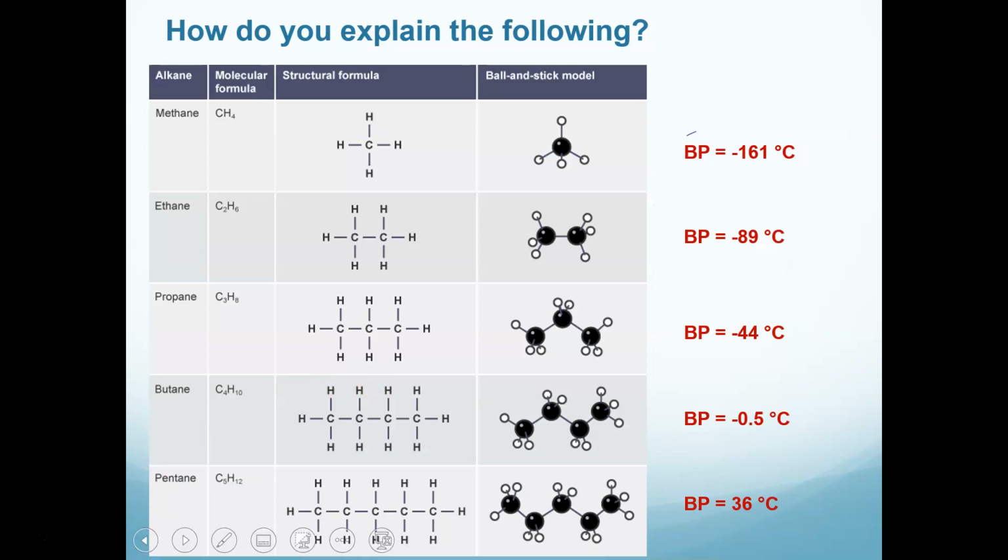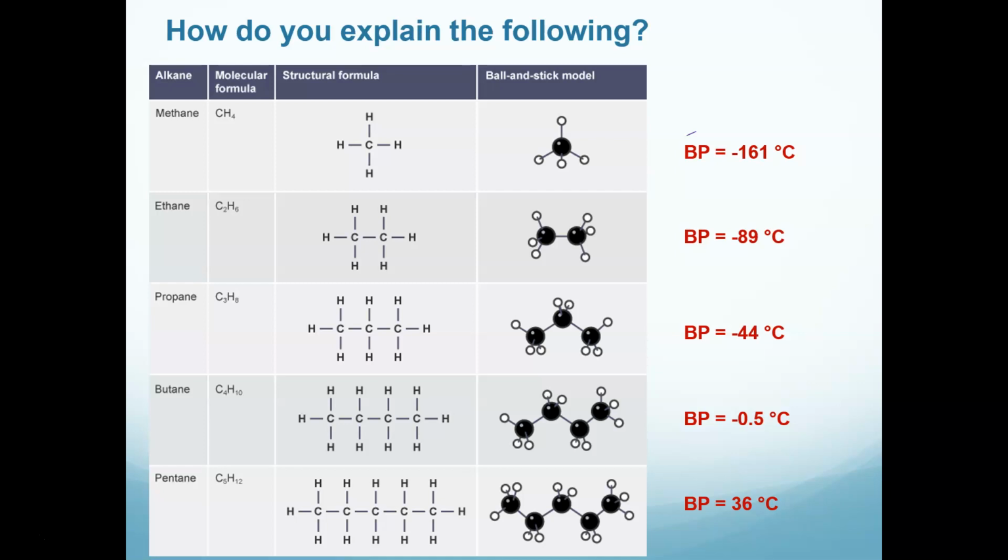So let's start with the trend. As we get more carbons in the chain, our boiling point is getting higher and higher, right? If we think about what's actually happening at the molecular level with the boiling point, we're going from the liquid phase to the gaseous phase. And to do that, we have to pull the molecules far apart. So I want you to just imagine the molecules getting further and further apart as they go into the gaseous phase.